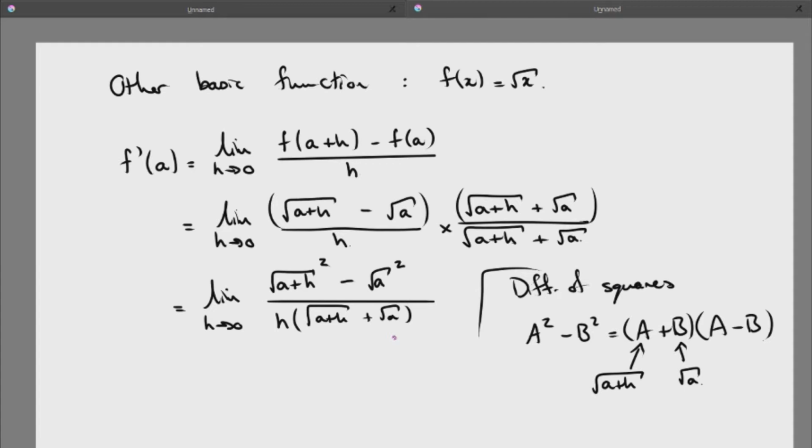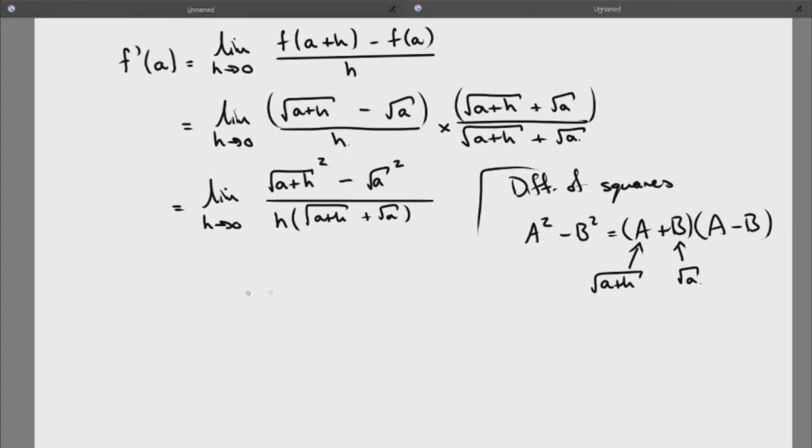Then I can simplify this, because the square and the square root essentially cancel each other. So I have a plus h for the first one, minus a for the second one, and the denominator just hangs out. Looking a little complicated, but there's nothing I can do about that right now.